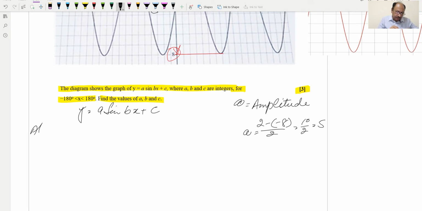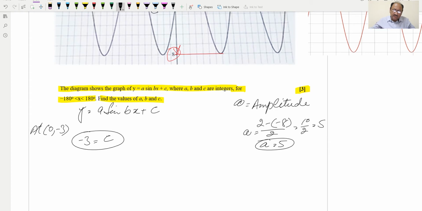At (0, -3), the equation becomes -3 equals a sin 0 plus c. Sin 0 is 0, so this portion will be 0, so c is equal to -3. So a is equal to 5 and c is equal to -3.